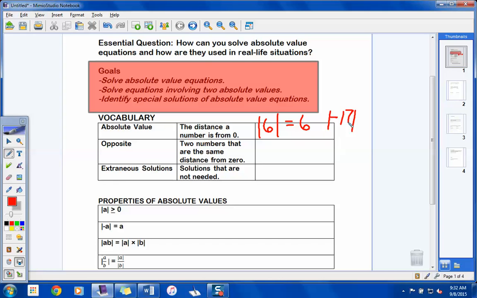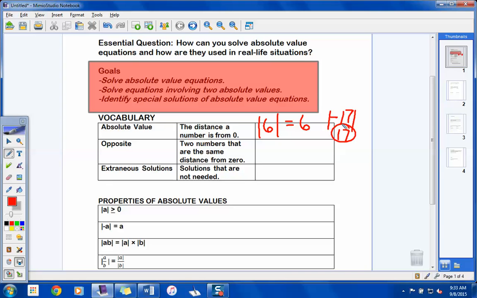What's the absolute value of negative 17, kiddos? It's 17. The negative 17 says it's 17 units to the left of 0, but the distance away is 17. What could you say about absolute values then for your solutions? They should always be what kind of a value? They should always be positive, with the exception being 0.